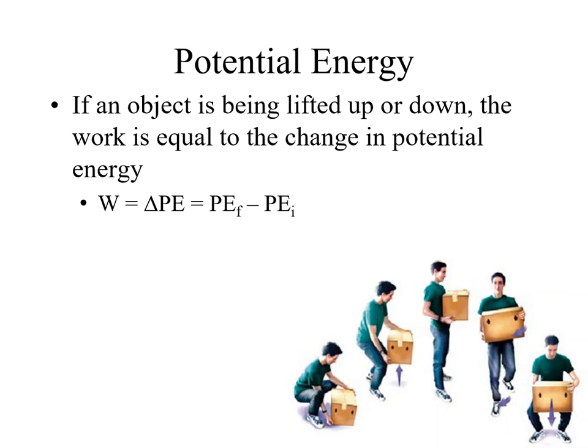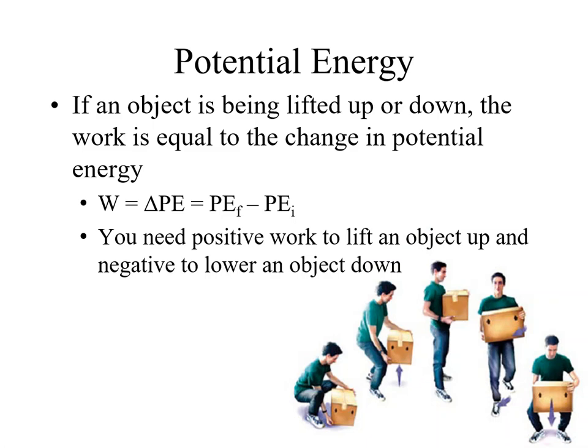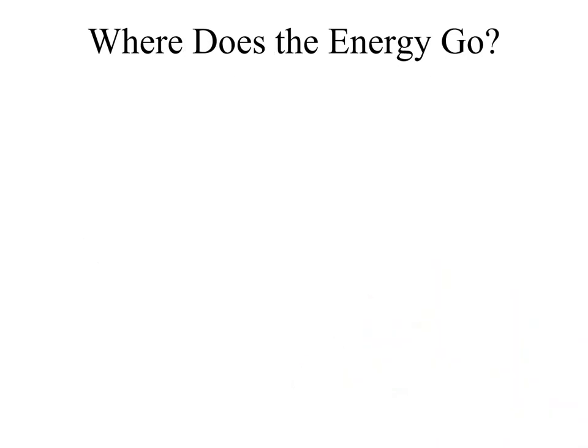In both cases the force is upwards, but sometimes that's in the same direction as motion, sometimes the opposite direction. Same direction means positive work. Opposite direction means negative work. So you need positive work to lift an object up and negative work to lower the object down. We talked about that. That's good stuff.